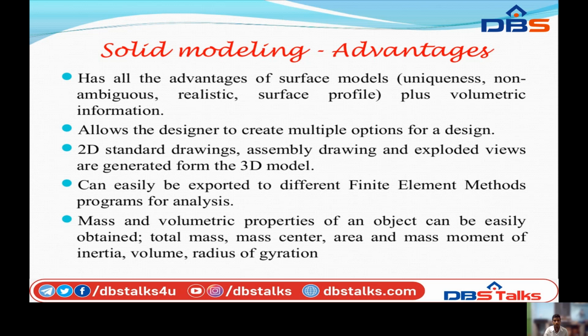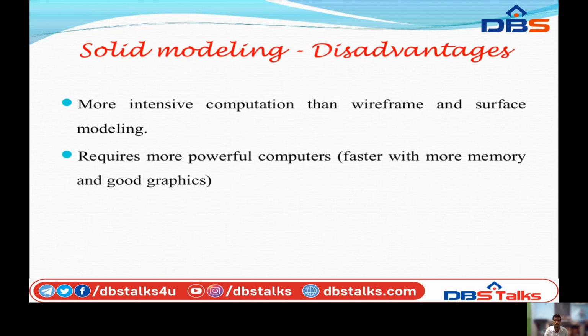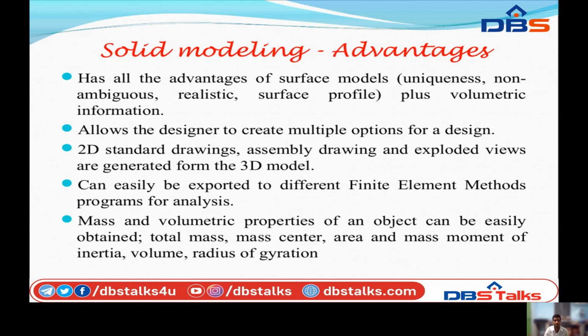Mass and volumetric properties of an object can be easily obtained, that means total mass, mass center, area, and mass moment of inertia. The main advantages of solid modeling are that we can use 2D assembly and exploded views to create 3D models, and easily export them for finite element analysis.